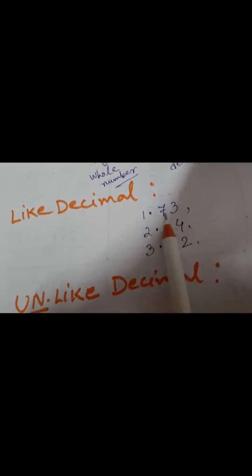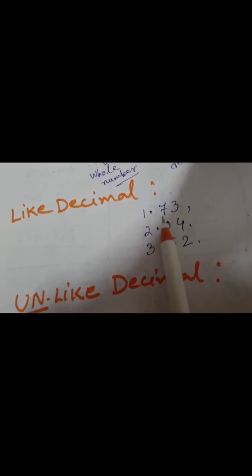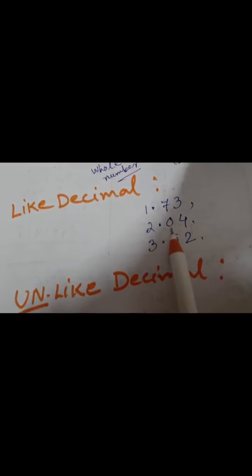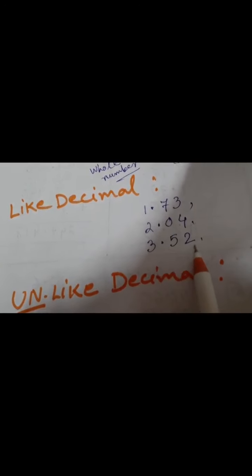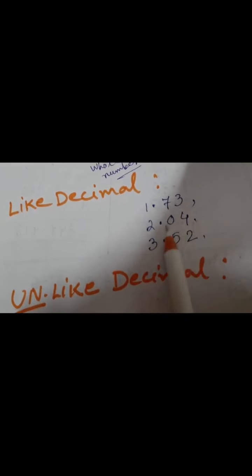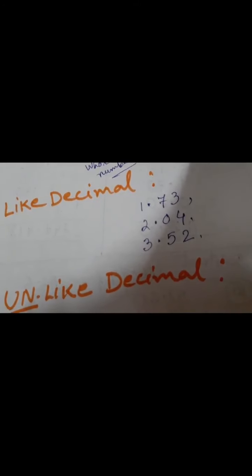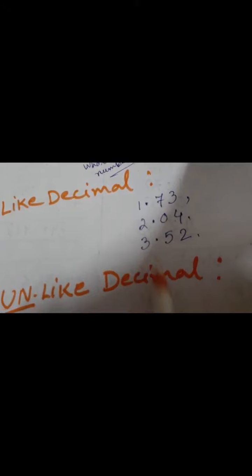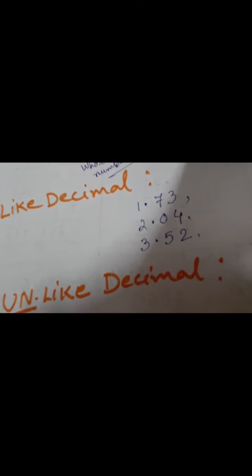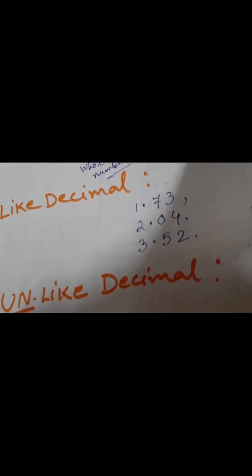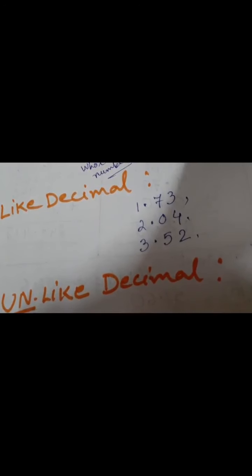After the decimal point we will say 73, after the decimal point 04, and after the decimal point 52. So these are all the same. That means two decimal places are there in each. So these three decimals are known as like decimals.